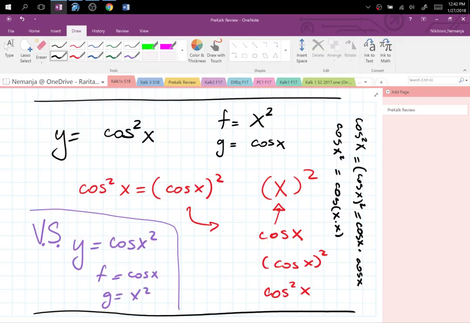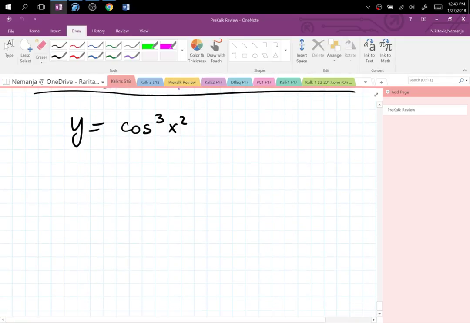When the weather gets nice, we're going to go outside and do push-ups, but for now, we'll just do calculus. So cosine squared x you can write as cosine x, everything squared, and that means cosine times another cosine. Where this one, cosine x squared, it's just x squared, so it's x times x. It's not cosine times cosine. So it matters where the square is, and now you get to experience that here.